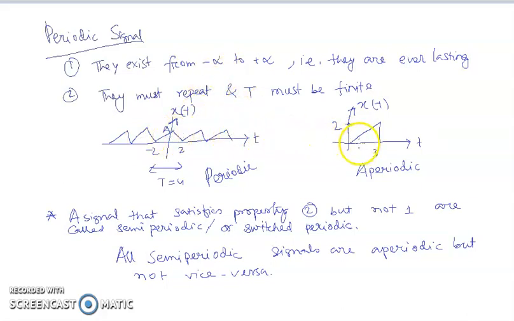Whereas in this signal you can see that it is not repeating. The signal has a duration of 3 seconds, 0 to 3 seconds, but it is not repeating, so it is an aperiodic signal, or non-periodic signal.